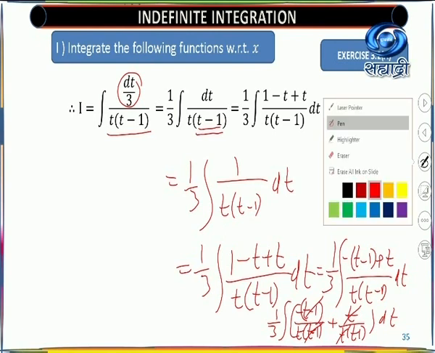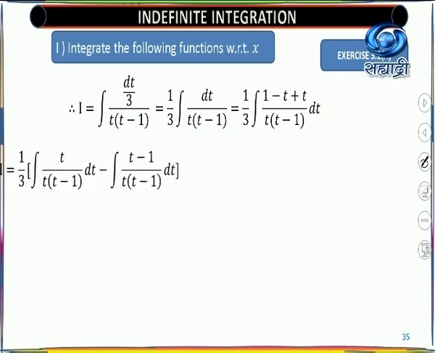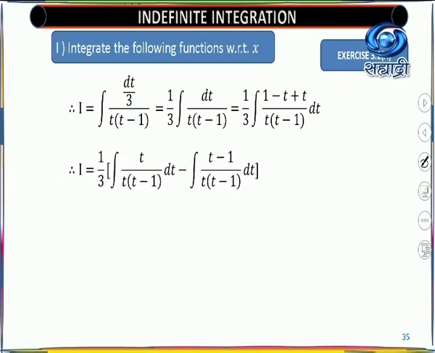So we'll start with that integration here, which is nothing but 1/3 of the integral of t upon t into t minus 1 dt, minus t minus 1 upon t into t minus 1. I have already explained why this is t minus 1. Keep this in mind. So t minus 1 will get cancelled, t will get cancelled.